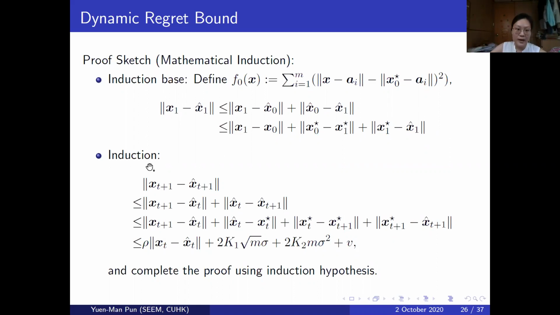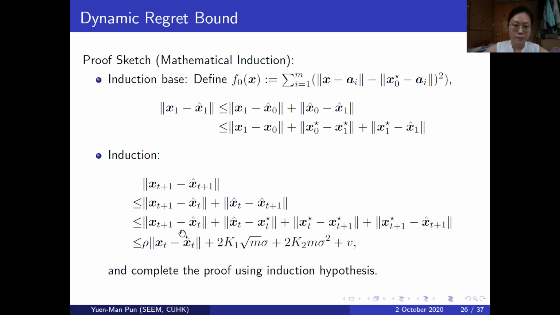Okay, then for the induction step, similarly, we do this for xt plus 1 minus xt plus 1 hat, and we can expand this like this: xt plus 1 minus xt hat, plus xt hat minus xt star, plus xt star minus xt plus 1 star, and plus xt plus 1 star minus xt plus 1 hat.